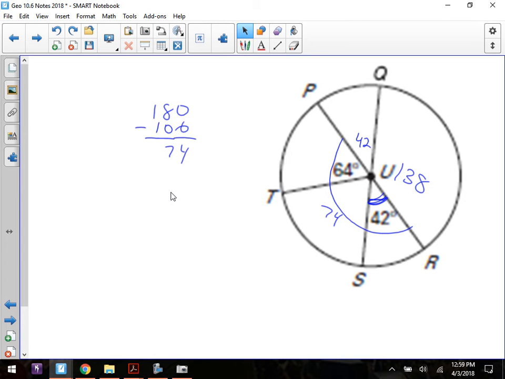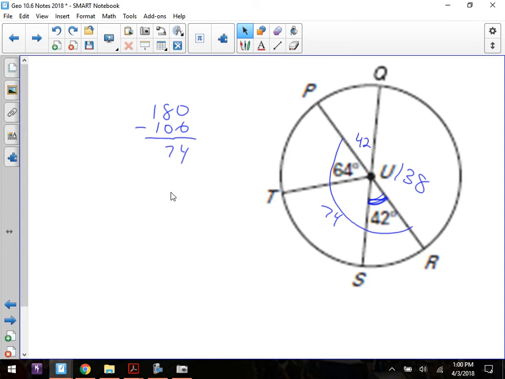All right, what do you got for PQ? TPS. Going around, remember, it goes from T, P, back around to S. The easiest way to do that is take 360 back out 74. You had 286, you said? Yep. Okay.